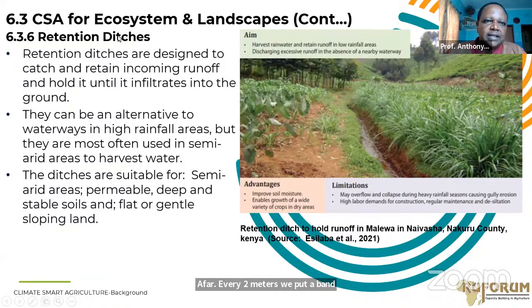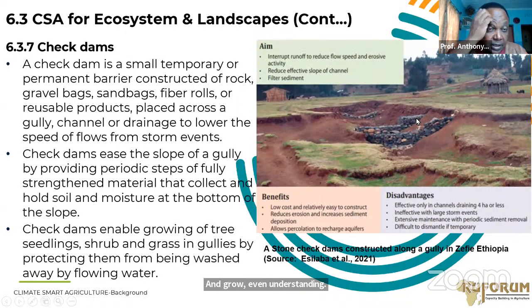That's for retaining. It creates a kind of a ditch, and so water comes in there and it is able to infiltrate. And on the lower end, you can grow your fodder, as you can see here, and in there, you have your colocasia that in cases when it floods can grow even under standing water, even if it is deoxygenated. Then we have the check dams.